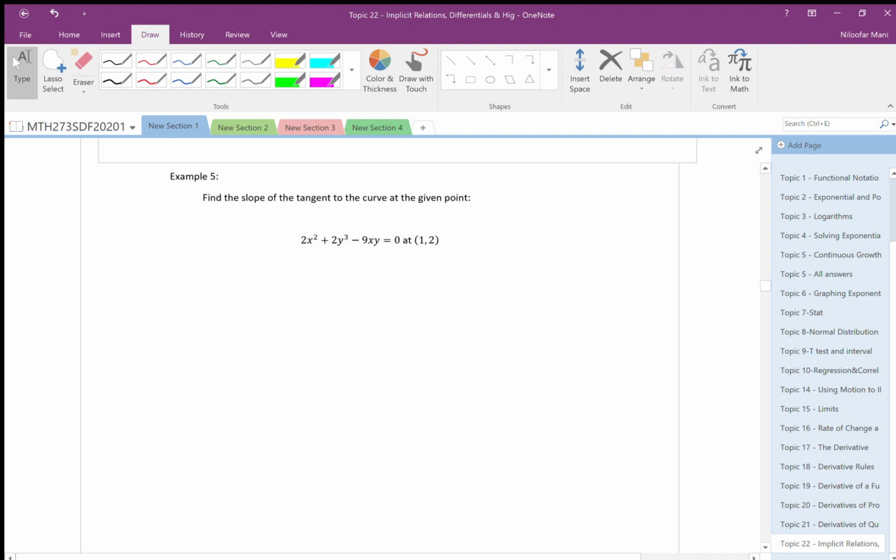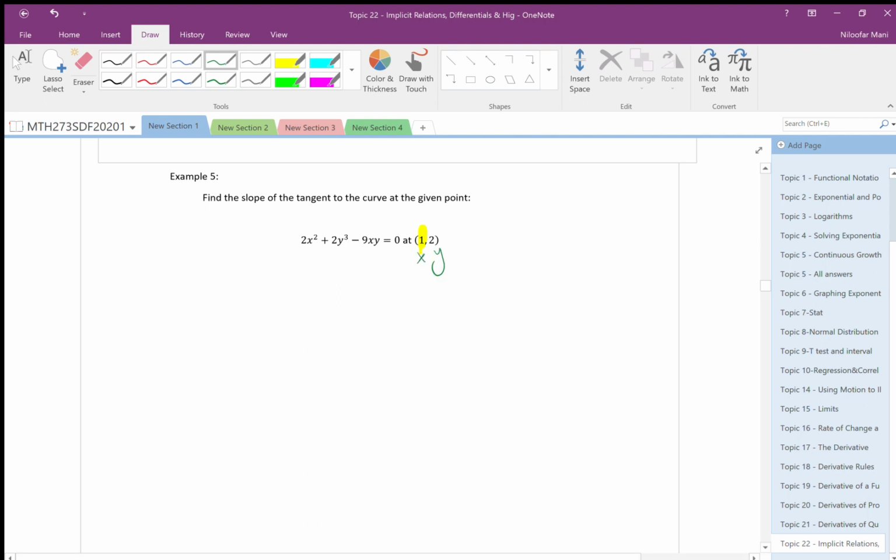Okay, so now it says find the slope of tangent line at this point. And we know a slope of tangent line is y prime. So a slope of tangent line is y prime at which point? At this point. So it means I have to use this as x and this as y.